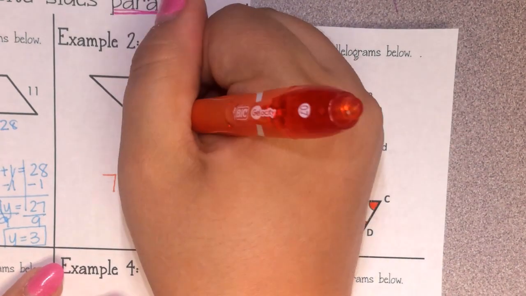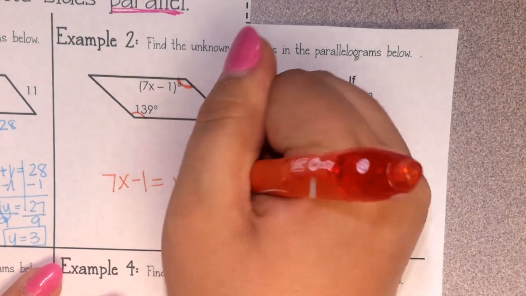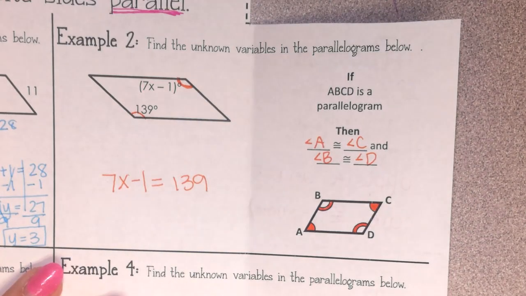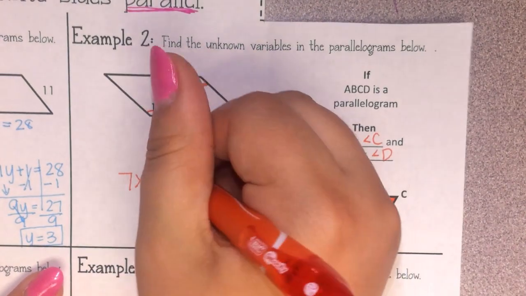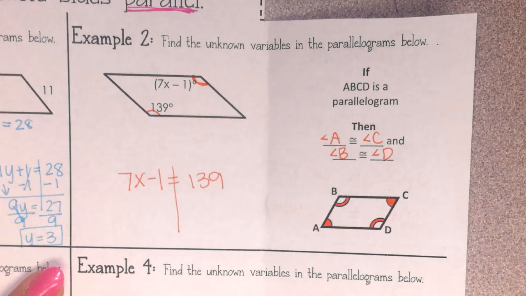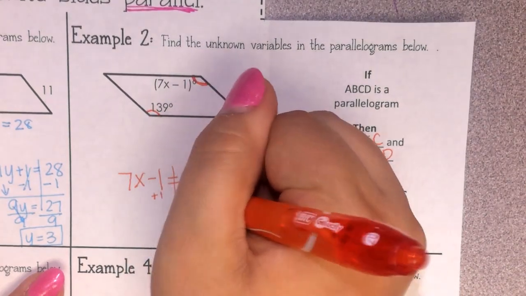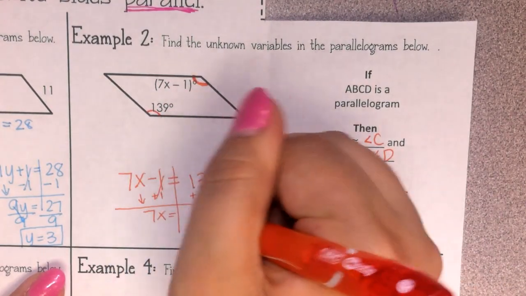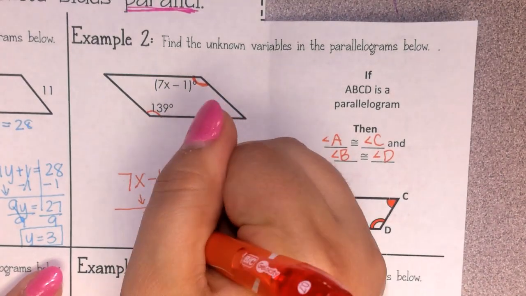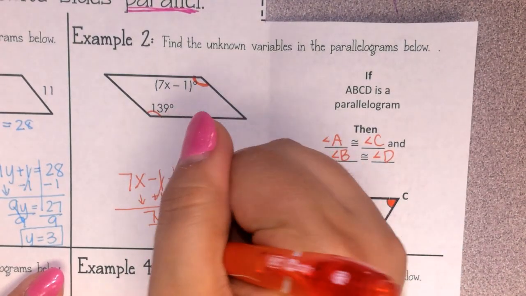It equals 139. 7x minus 1 equals 139. And solve. How do I solve it? Plus 1.